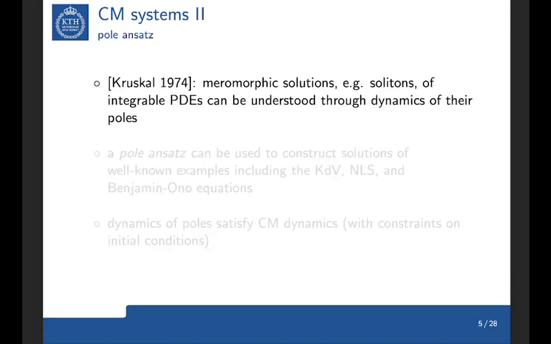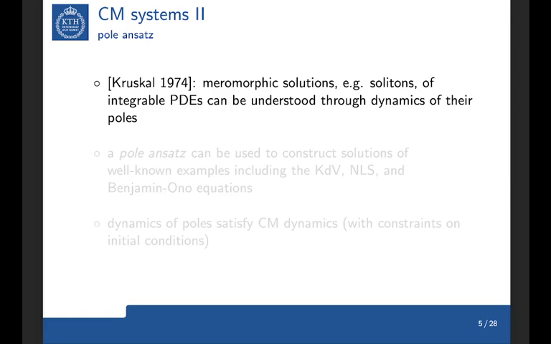This idea of a pole ansatz goes back to Kruskal, who argued that meromorphic solutions, for example solitons of integrable PDEs, can be understood through the dynamics of their poles moving in the complex plane.